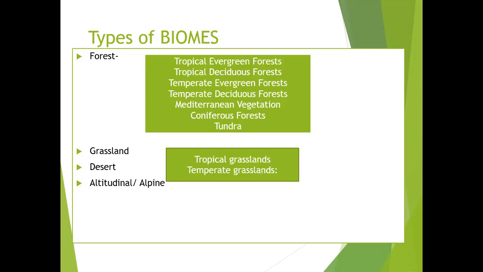Now, talking about types of biomes, in the broadest category we have three types of biomes. One is forest, second is grasslands, and third is desert. And one category is altitudinal. The same categories which we see along latitude, we can see as we go up in the mountains.